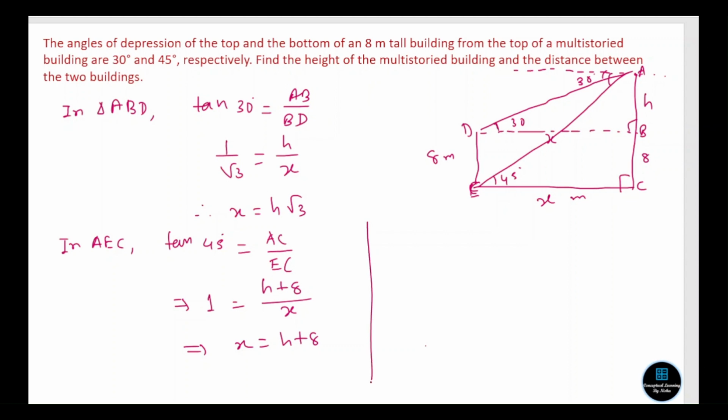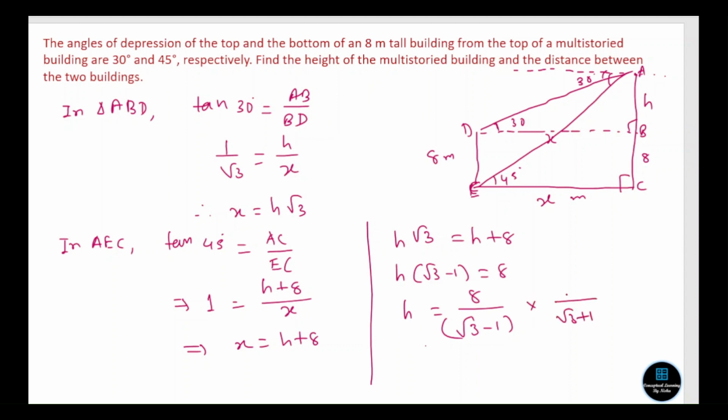So from these two, what I can say, h root 3 equals h plus 8. Bring h on the other side. So I can say h into root 3 minus 1 equals 8. I can take h is equal to 8 upon square root of 3 minus 1. Rationalize this by multiplying the conjugate, right?